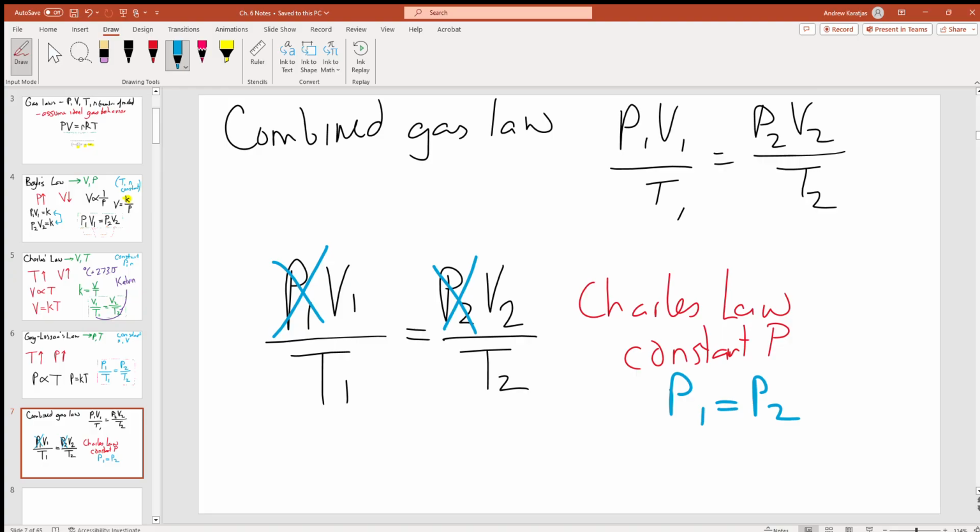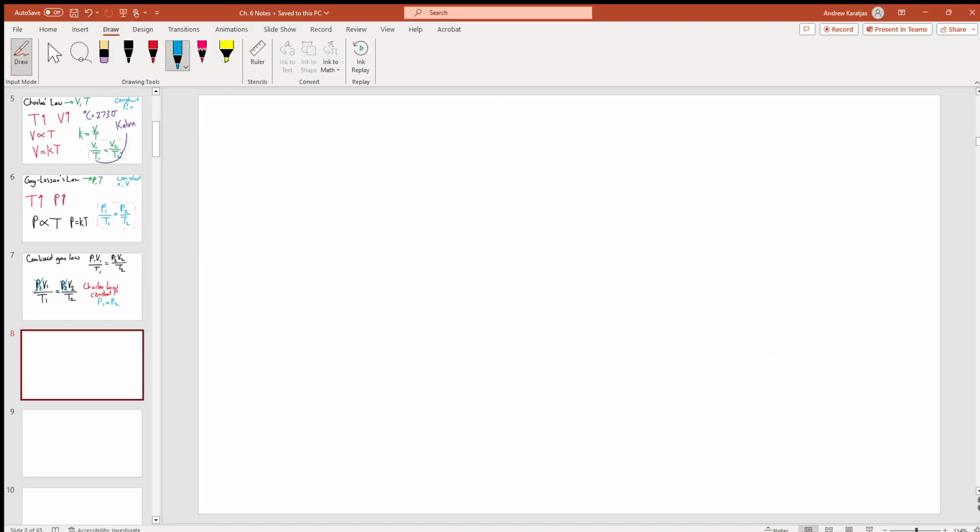V1 over T1 equals V2 over T2, which is what we defined as Charles' law. And you could do the same thing for the other two laws, constant volume or constant temperature. So now that we've got these basic laws down, we've got these equations, we're going to do some practice and see how we use these.